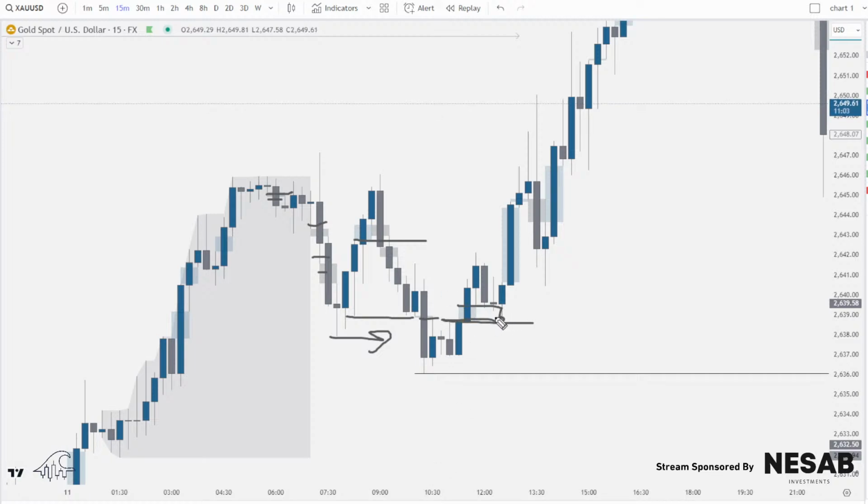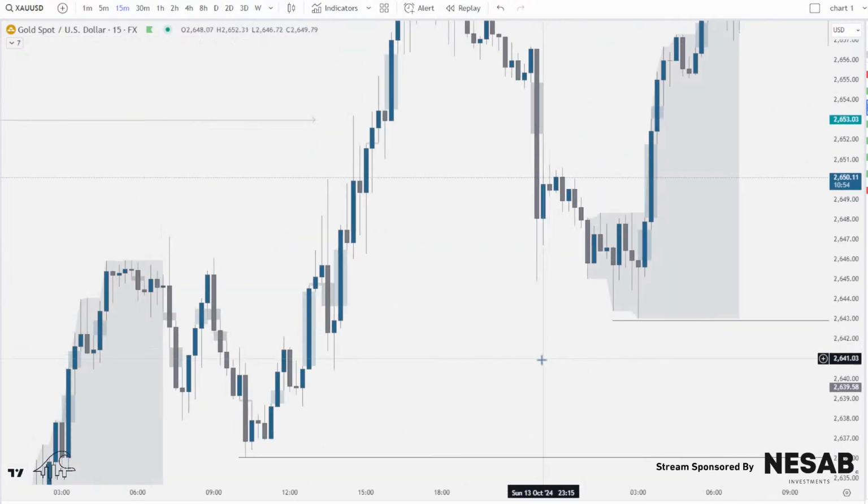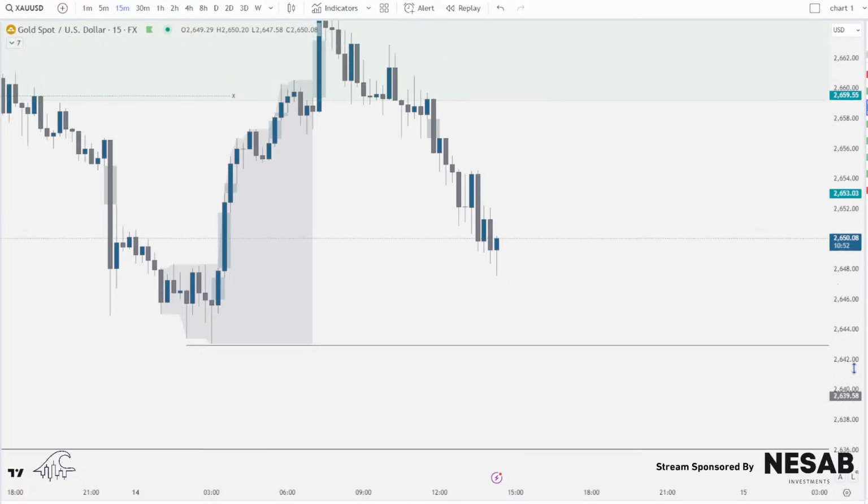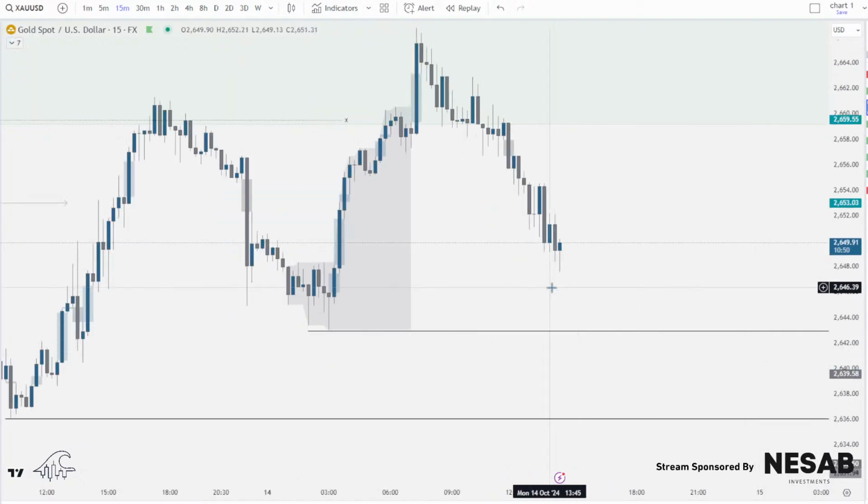Price tags into that so acutely, and then off it goes. So it's almost like, how would I say, trading it off of just the price action itself can work, but it's also going to be less probable in the collective of price action.